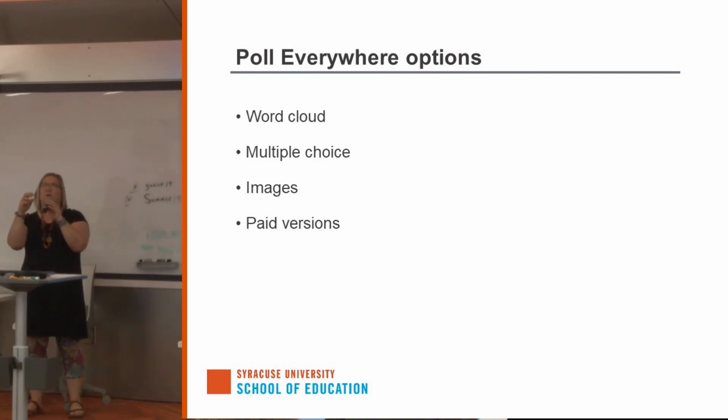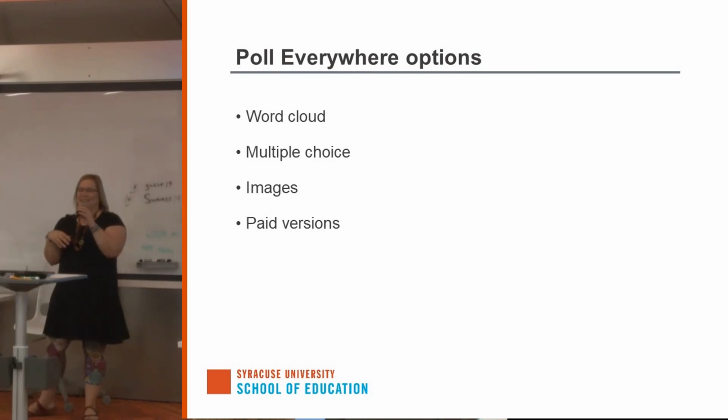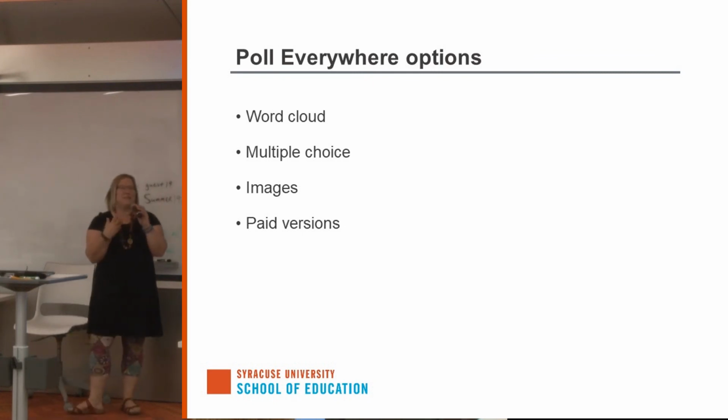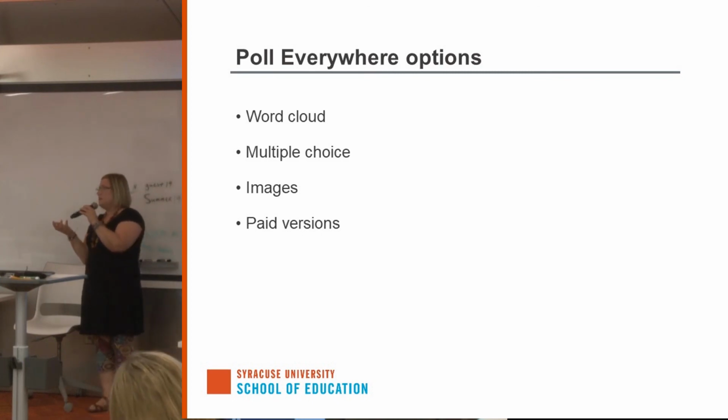There are many different options you can use, as Rebecca was mentioning, maybe with evaluation, you can use multiple choice questions also, and then that comes up. I just used the word cloud as an example because I'm a visual learner and I love word clouds, and that's a fun way, but I think that's one of the least common ways that people really use it. There are many other ways that you can use it too.